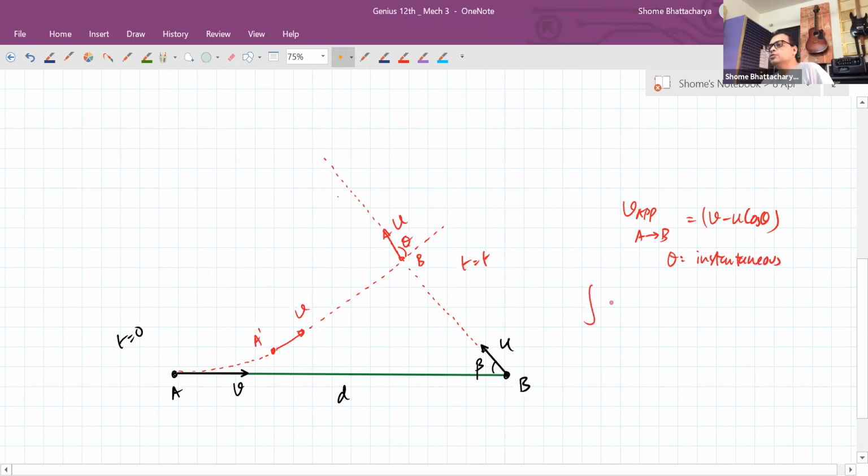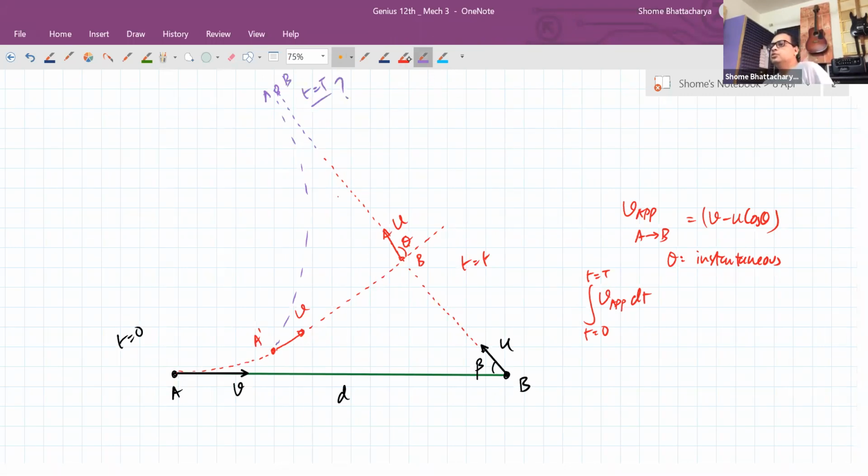So we integrate this approach velocity over time, from t equal to 0 to whatever time they collide at. Finally, let's say they collide somewhere here. So A and B reach here at some time capital T, which we want to find out. From 0 to that time, this integral should change the distance between them from the initial distance d to the final distance, which is 0.